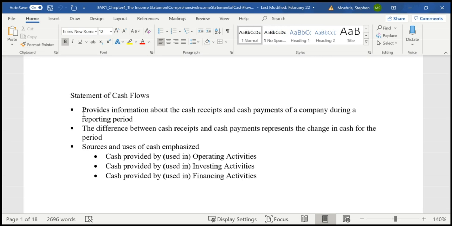The sources and uses of cash at the company will be categorized by cash provided by or used in operating activities, cash provided by or used in investing activities, and cash provided by or used in financing activities. Those are the three general activities of a business. And again, we will see why the statement of cash flows profoundly differs from the income statement.